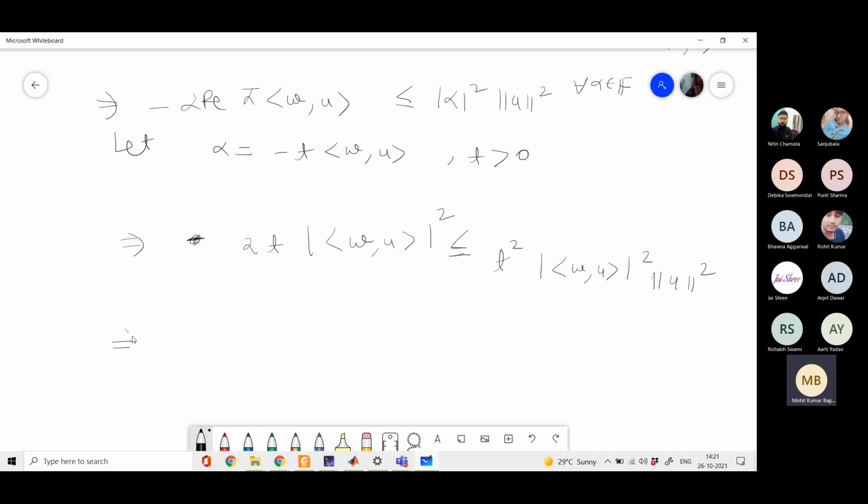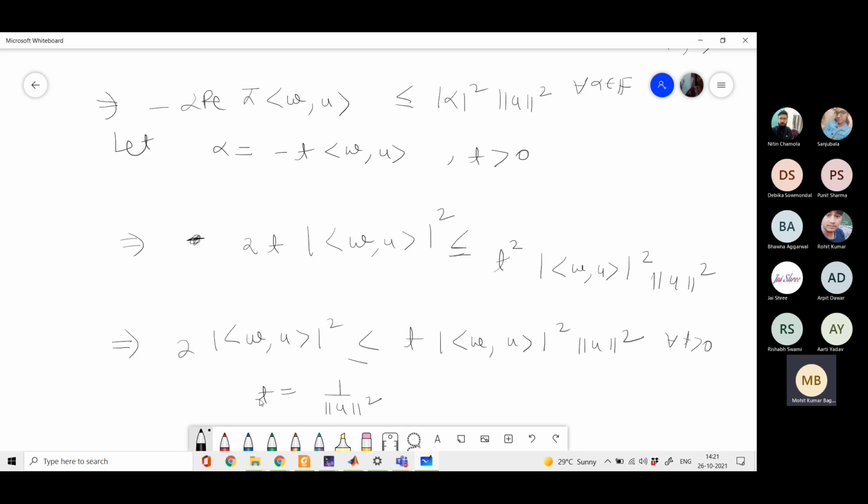So now cancel whatever you can. Here you can cancel because t is strictly positive, so you can write t times W comma U. Now again, because t is a positive number, you can set this t as 1 upon norm of U squared, because this is true for every t greater than 0.